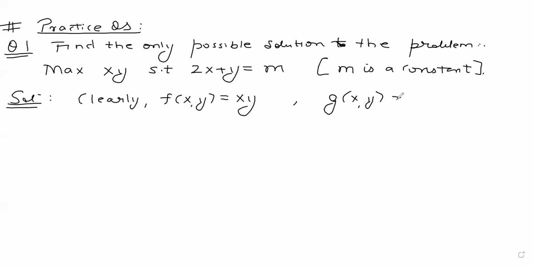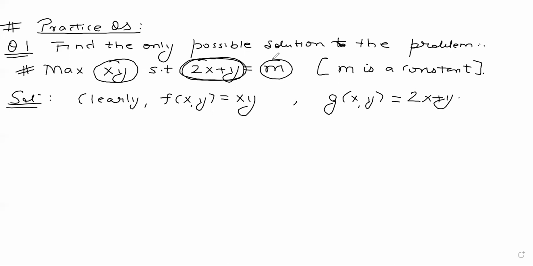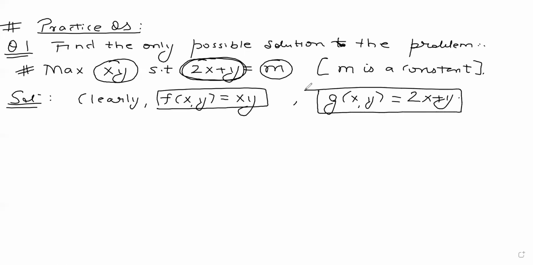So my g of xy is 2x plus y. If you compare the problem given in the question with the general optimization problem, maximize f of xy subject to g of xy equal to c, clearly you can see f of xy is x into y, g of xy is 2x plus y.